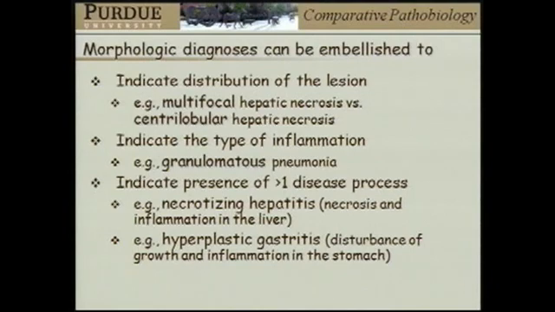Sometimes they're sufficient, sometimes they would be much improved if we added an adjective or two. Don't get carried away with those, but if we add an adjective or two, we can indicate the distribution of the lesion, we can tell what type of inflammation is going on, we can imply that there is more than one process of disease. For example, back to our hepatic necrosis, that doesn't tell the reader of your morphologic diagnosis much, but if you add just one adjective, if you say multifocal hepatic necrosis, it gives that reader a very different impression than if you say centrolobular hepatic necrosis.